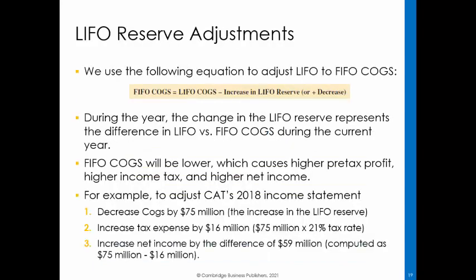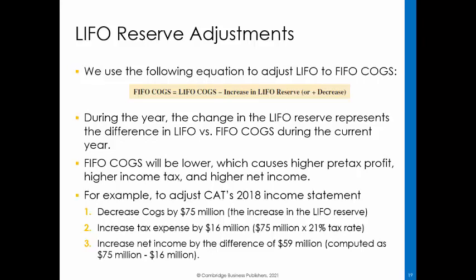To compare the income statements of companies that use LIFO, we just adjust cost of goods sold from LIFO to FIFO. Recall that cost of goods sold is equal to the beginning inventory plus purchases minus ending inventory. To determine FIFO cost of goods sold, we must add the change in the LIFO reserve to the LIFO cost of goods sold.